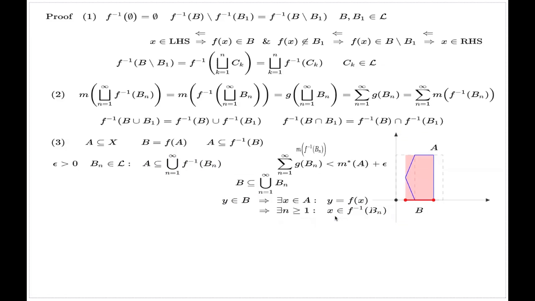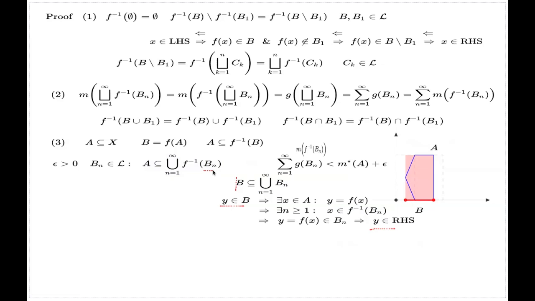Now, by the definition of the pre-image, this means that y, which is f of x, belongs to B_n, and this means that y belongs to the right-hand side, because the right-hand side is a union of these B_n. So I started with this, and I came down to this. That's why we have this embedding.